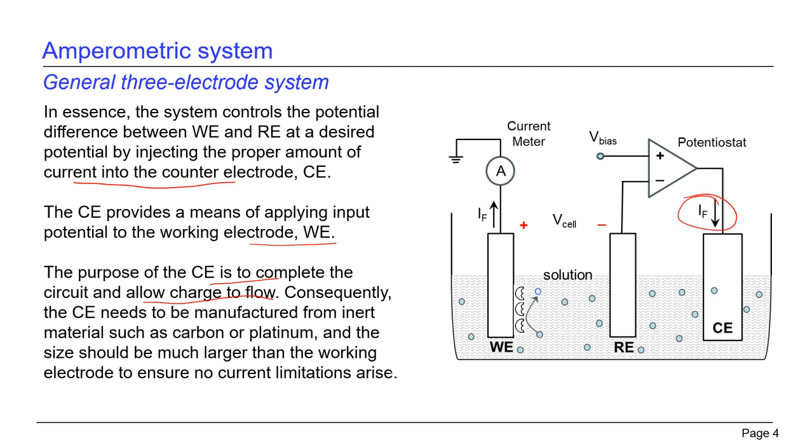Consequently, the counter electrode needs to be manufactured from inert material like carbon or platinum, and the size should be much larger than the working electrode to assure no current limitations arise.